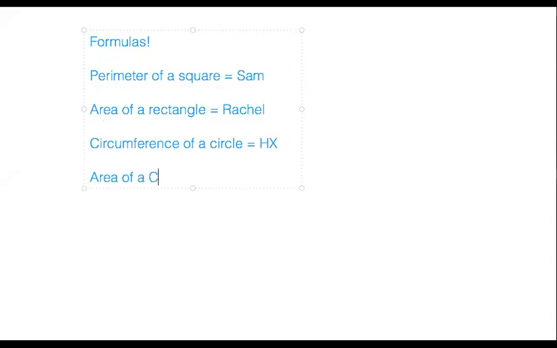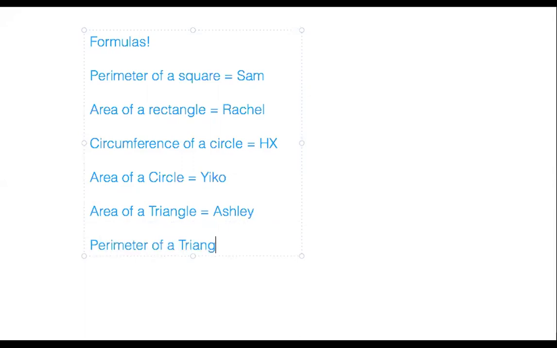Area of a circle. Area of a square, triangle. Ashley and perimeter of a triangle as Joseph.